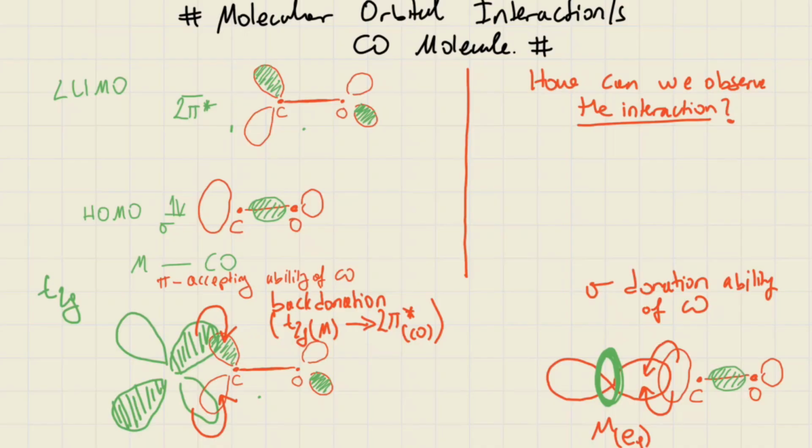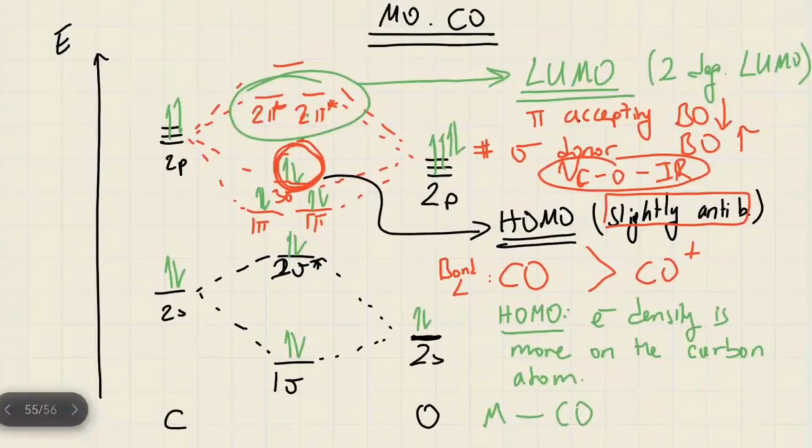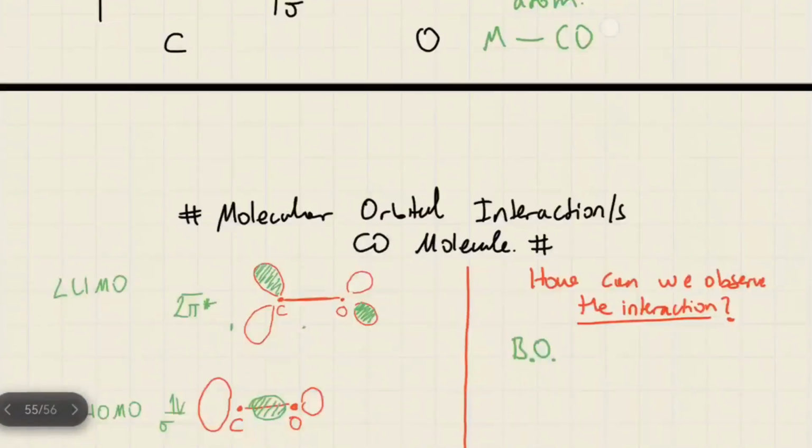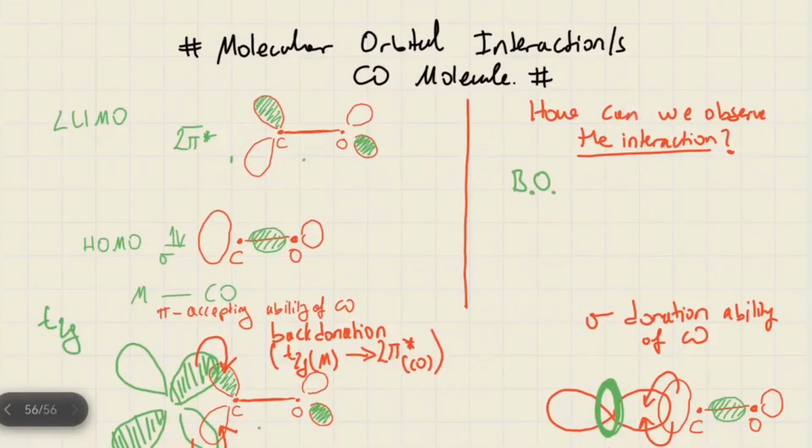So, as I said previously, bond order changes. If the CO molecule accepts the electron, electrons will come to the LUMO. Right? The electron will come to the LUMO here, and the bond order will decrease.